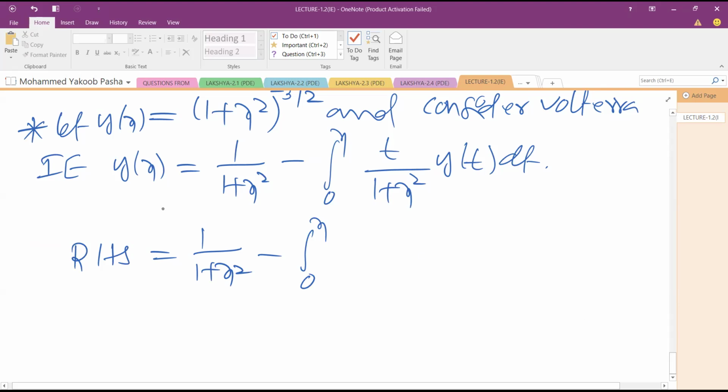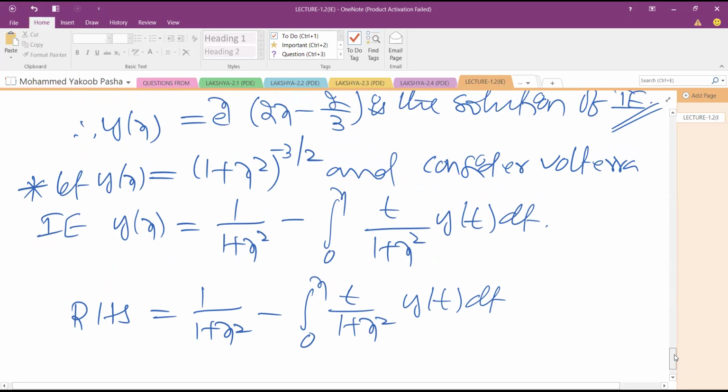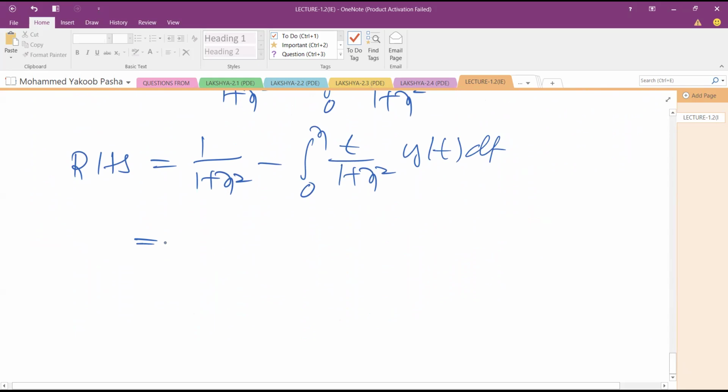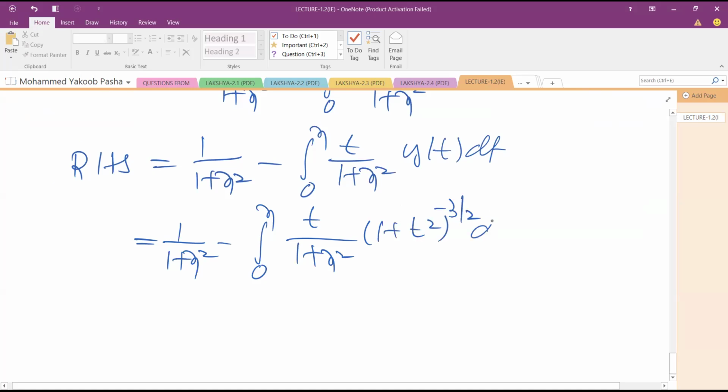Now we are taking here the RHS, that is 1 by 1 plus x square minus integral 0 to x t by 1 plus x square into y of t dt. We know that y of x is given as (1 plus x square) whole power minus 3 by 2. Substitute here: y of t becomes (1 plus t square) whole to the power of minus 3 by 2 into dt.